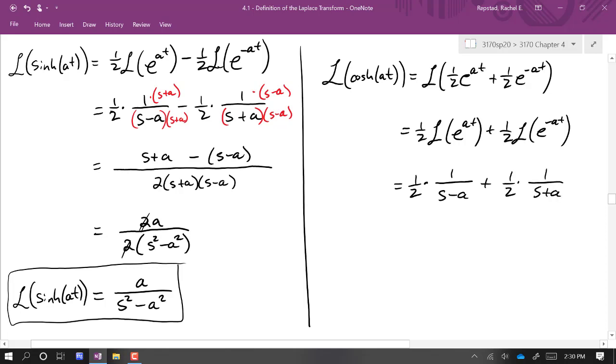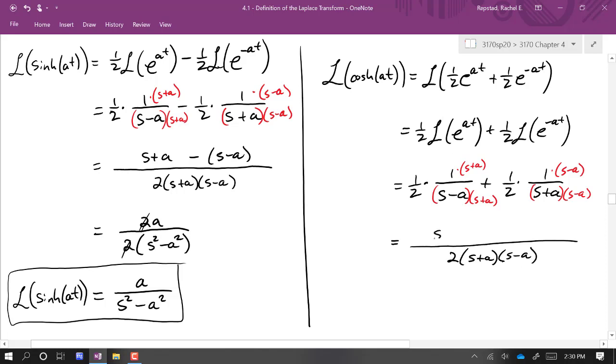Doing the same thing here, going to get a common denominator so we can add these fractions. So our denominator is 2 times s plus a, s minus a. Up top we have s plus a plus s minus a.